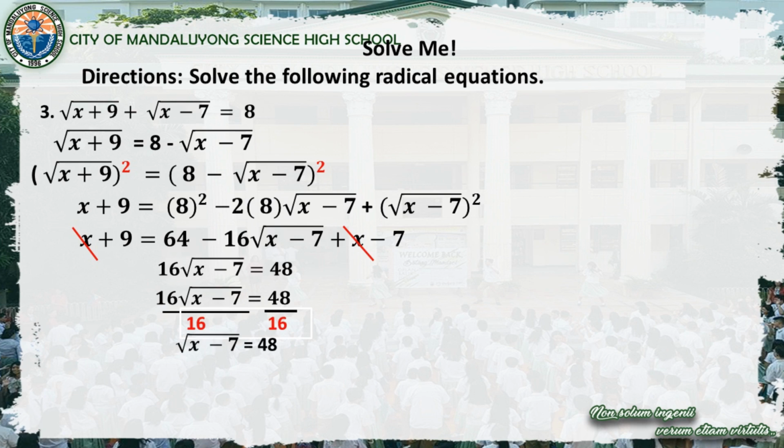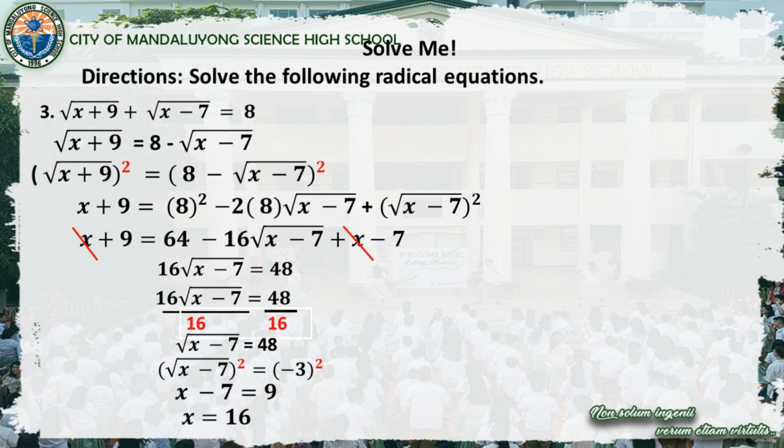So our new equation is the square root of x minus 7 is equal to 3. And for the last time, to finally remove or cancel out the radical sign, we have to square both sides. And so we have x minus 7 is equal to 9. And solving for x, x is equal to 16.